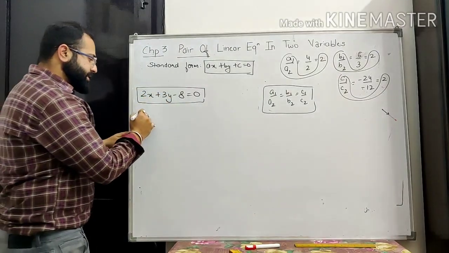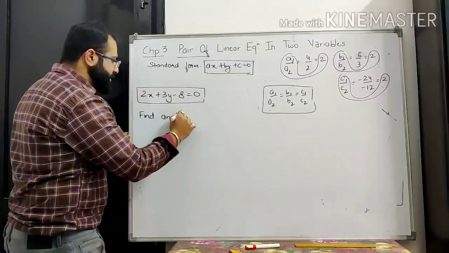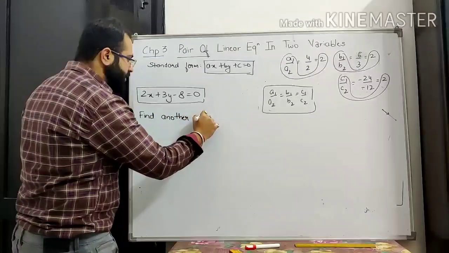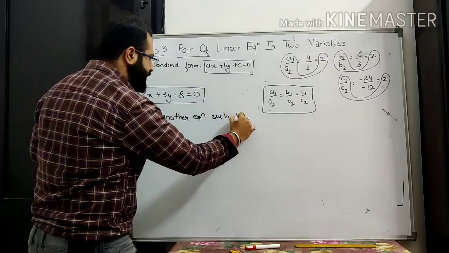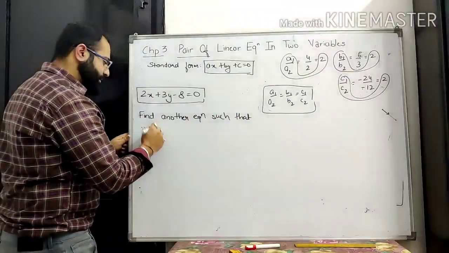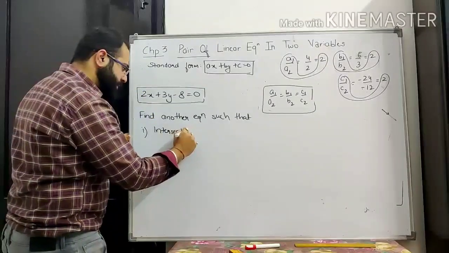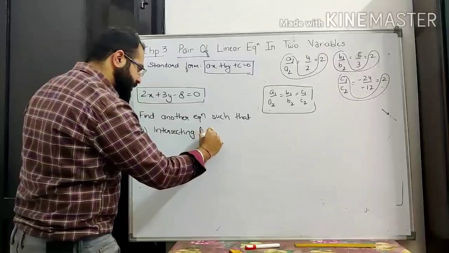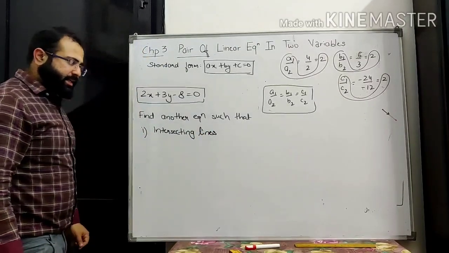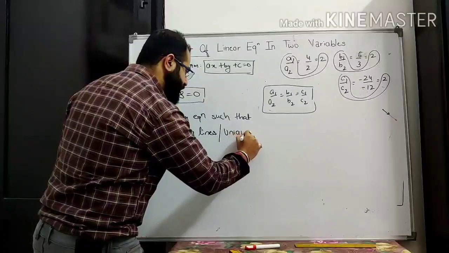Now the question is, we need to find another equation such that, number one, we have intersecting lines. Intersecting lines also signify we have a unique solution.